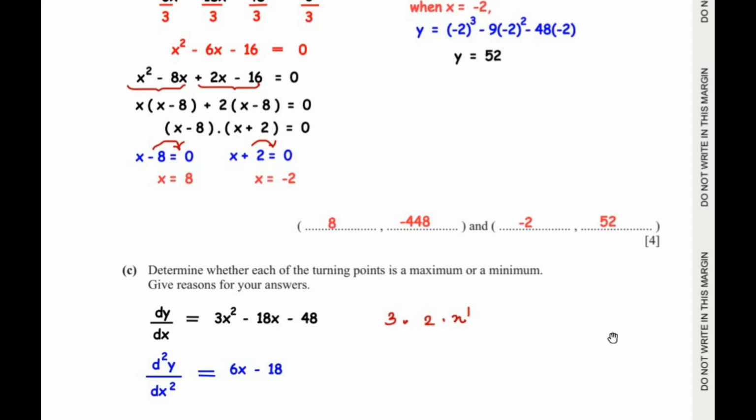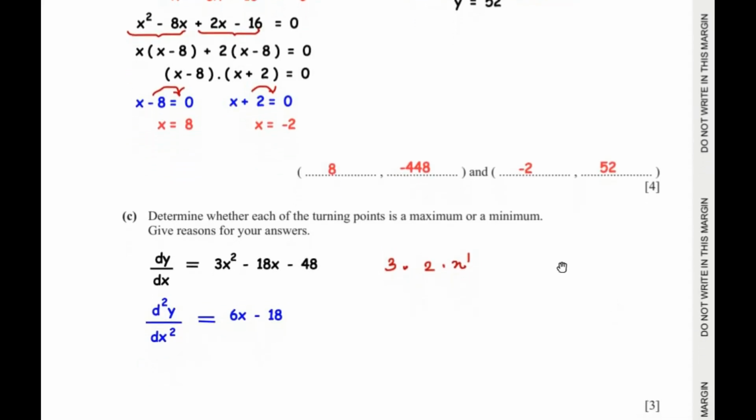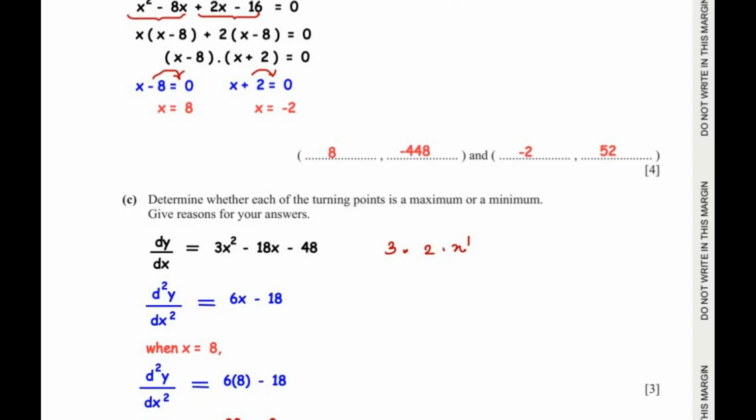Now once we have done this, we have to take the x coordinates of the turning points and plug them in one by one in this equation of d squared y by dx squared and see which value is greater than 0 and which one is less than 0. So let us start with the x value as 8. So when x is equal to 8, we are going to plug its value into this equation. So 6 times 8 minus 18. So let us see what value we get here.